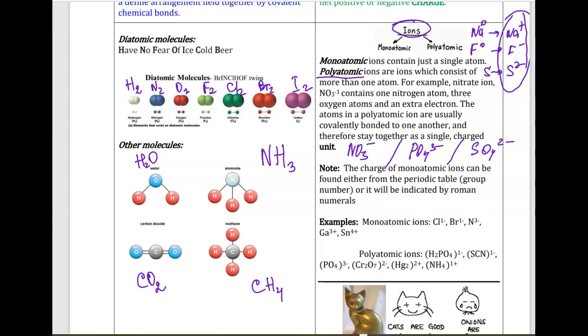So it's nitrate. PO4 3 negative has 1 phosphorus and 4 oxygen, and its charge in total is 3 negative. So it's phosphate. And this one is one sulfur and 4 oxygen, and its charge is 2 negative. It's sulfate.